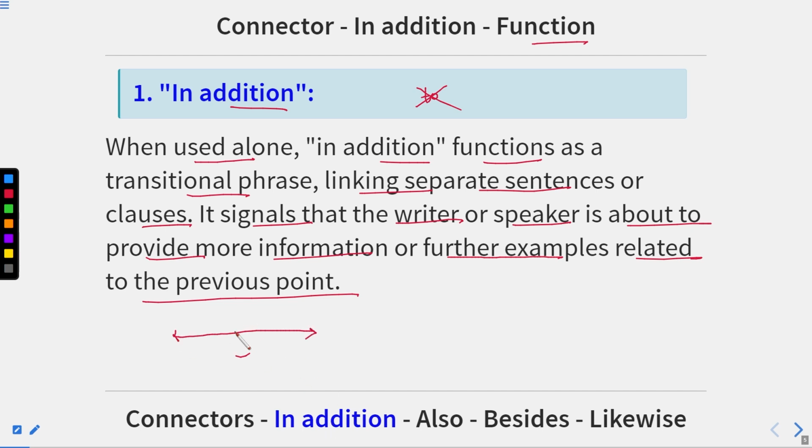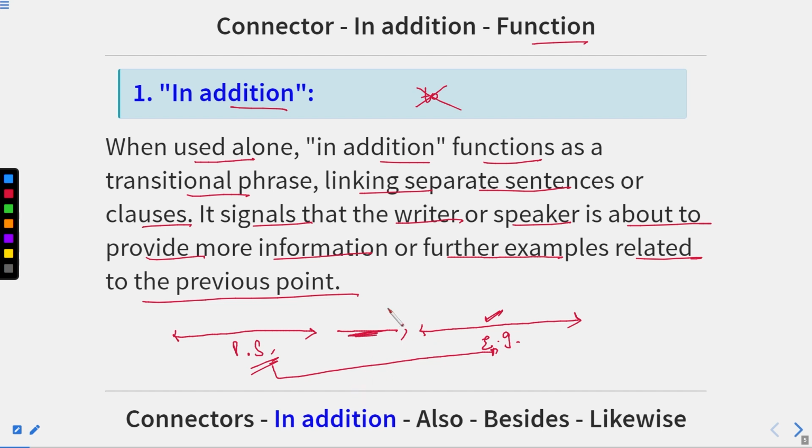Suppose something is already given to us. This is a statement, a particular piece of information about something. After that we have in addition, and after that we have another clause in which there is extra information about this previous statement. When we are telling something extra about that particular information, we use the phrase in addition just to add that information.